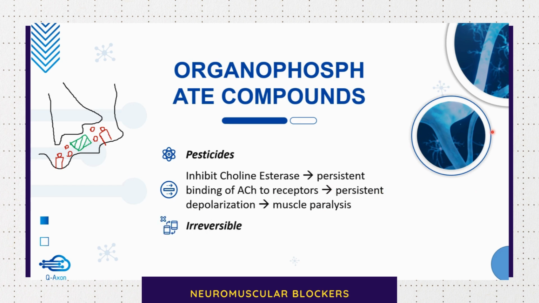Now the thing with these compounds is that they bind irreversibly to the cholinesterase, which means that their effects would last until new molecules of cholinesterase are synthesized by the body. So in this period, if the patient is not supported with a ventilator, there could be death due to respiratory paralysis. So these molecules are typically poisons.